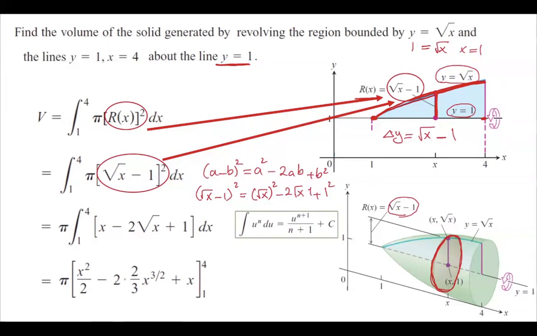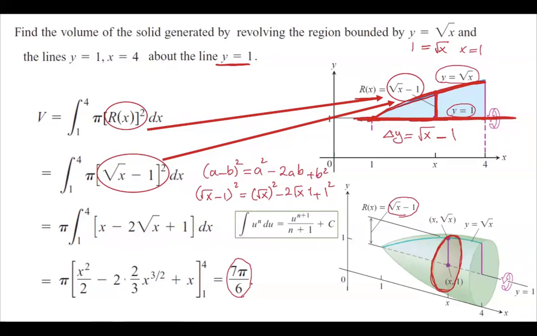First we plug in 4, then we plug in 1, do the subtraction, and the result is 7 pi over 6. So the volume of this object, which we rotated about this line, y equals 1, has volume 7 pi over 6.